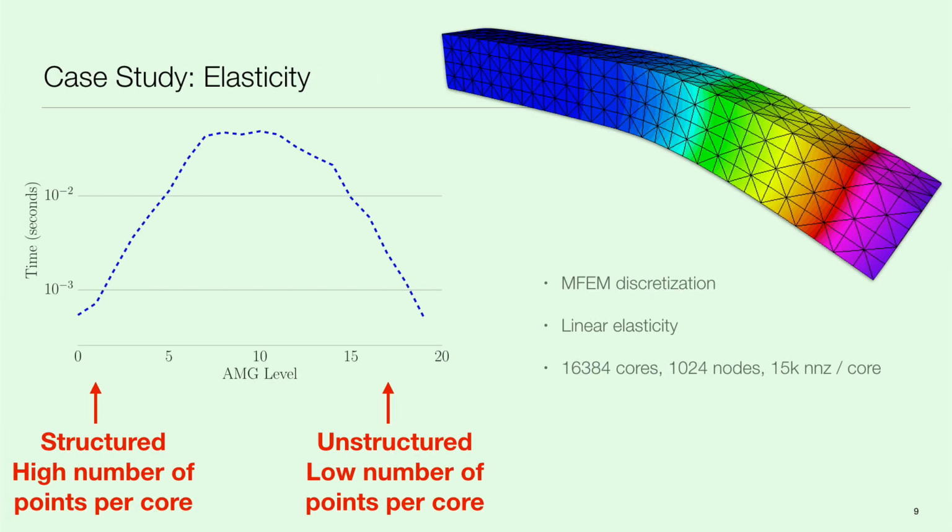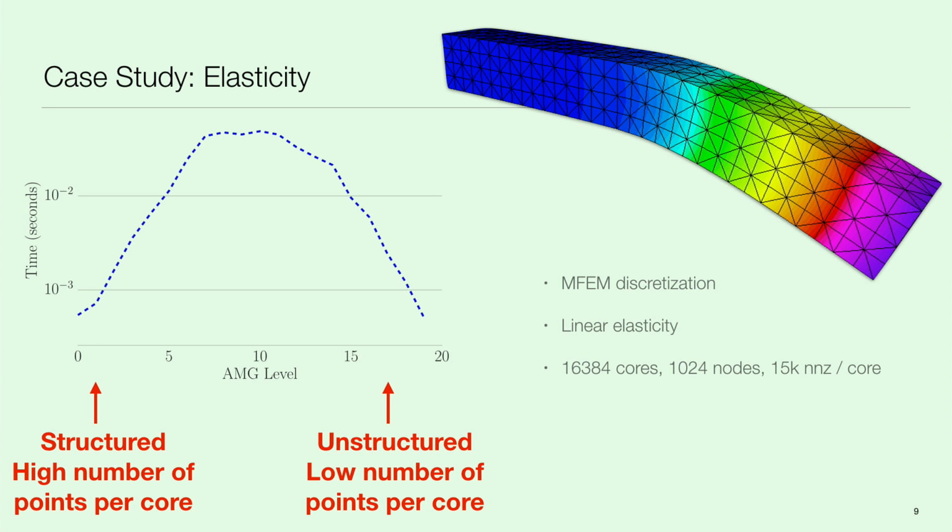Okay. So here's the main issue. I took a linear elasticity problem from MFEM on 16,000 cores, and there are 19 levels in that multigrid hierarchy. On the left was that original picture with the fine level matrix. It's very structured, has a nice tight pattern to it.